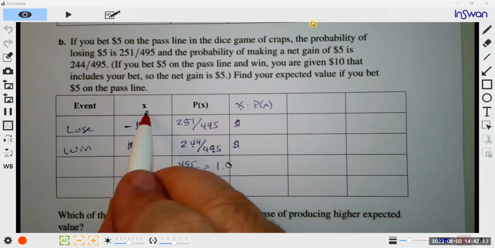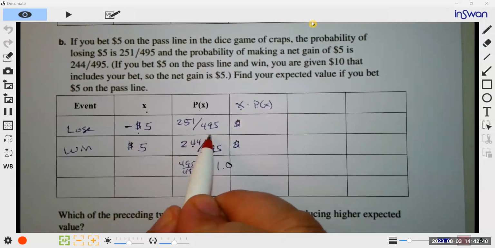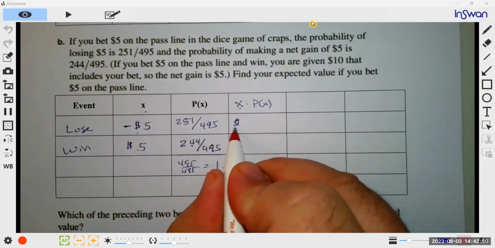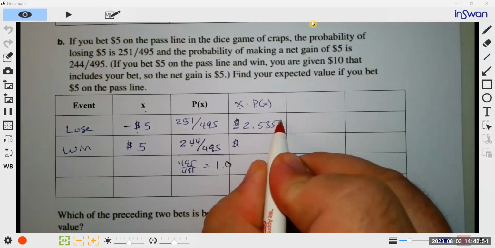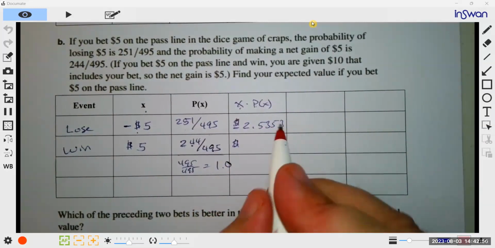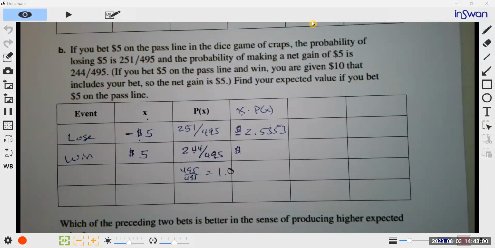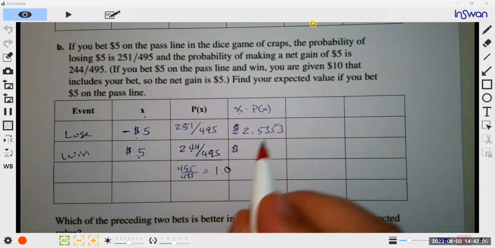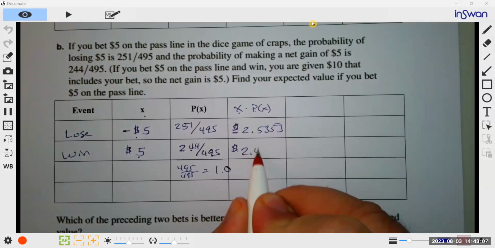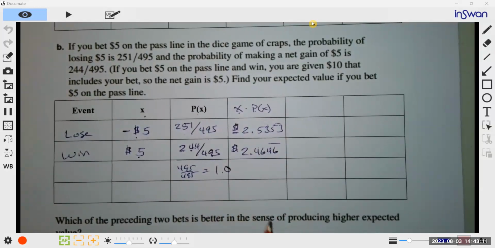So now we take this column times this column. Negative 5 times that would equal a negative 2.5353, and so on forever. And this one, positive, times this gives you 2.4646, and so on.